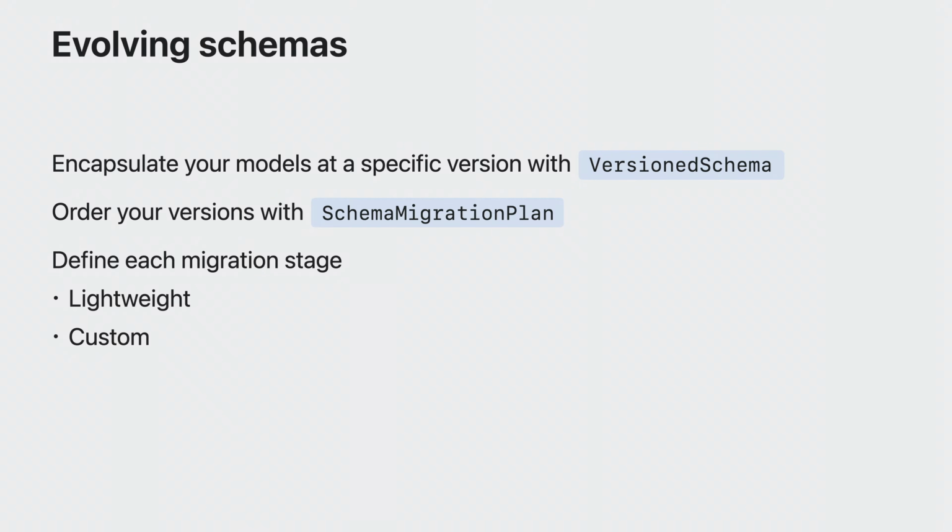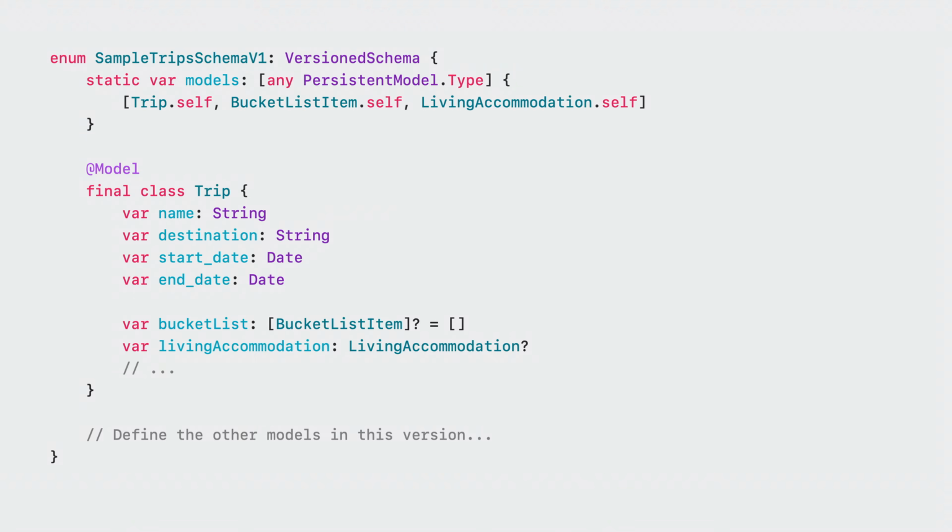I need to create a custom migration stage for this change, in which I can deduplicate my trips before their names are made unique. I start by taking the original schema from my first release and encapsulating it in a version schema. I name this version schema Sample Trips Schema v1. Each of my version schemas lists the model classes they define.